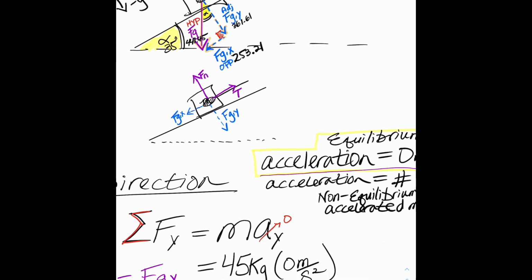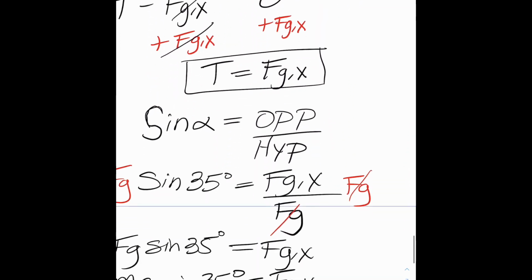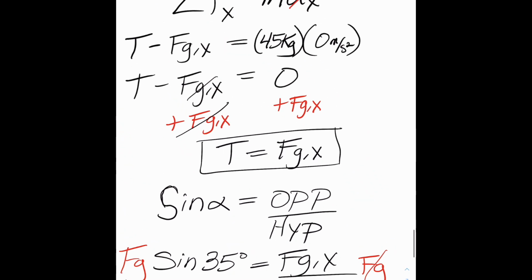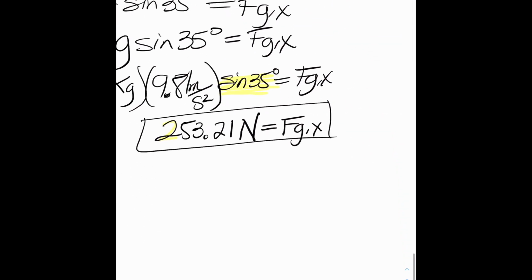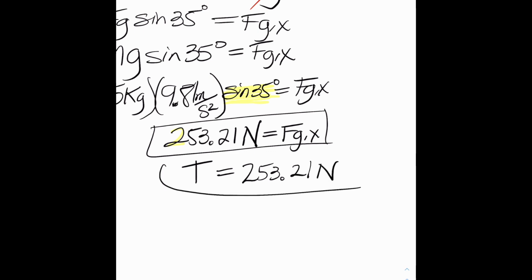Okay, so 253.21. All right, so we want to know what tension is. And since we learned a second ago in the first part that tension is equal to FGX, we can say exactly that, right? That tension is equal to 253.21 newtons, right?